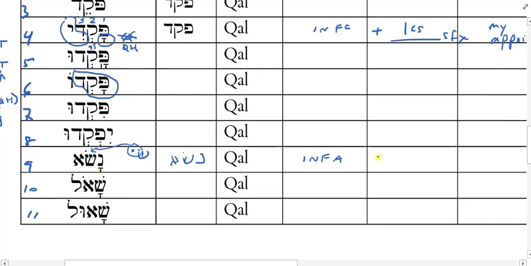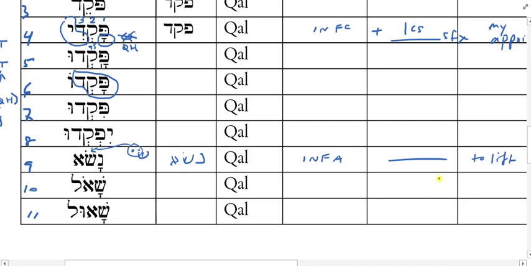Naso is the infinitive absolute. Does the infinitive absolute have any attachments here? No. It's not supposed to have much of anything that can attach to it. So I'm going to leave that blank. And then for our parsing purposes, we're just going to use "to" plus the verb's meaning to translate it.